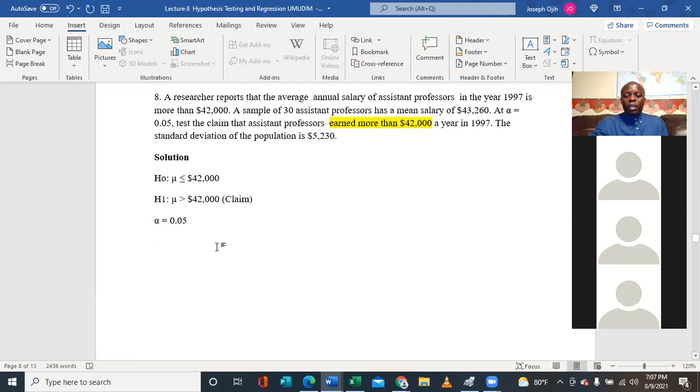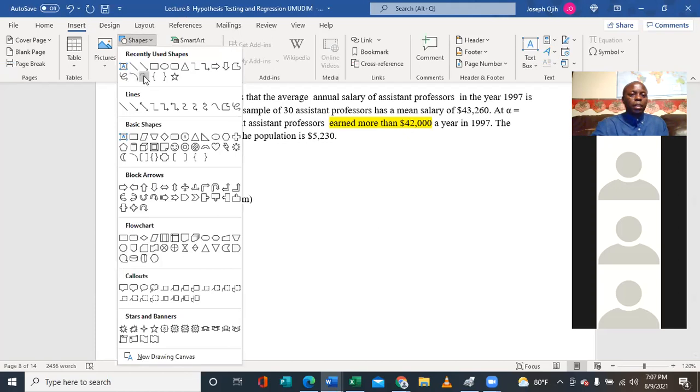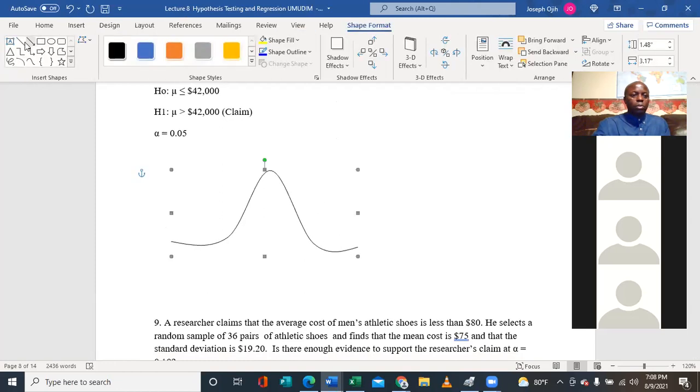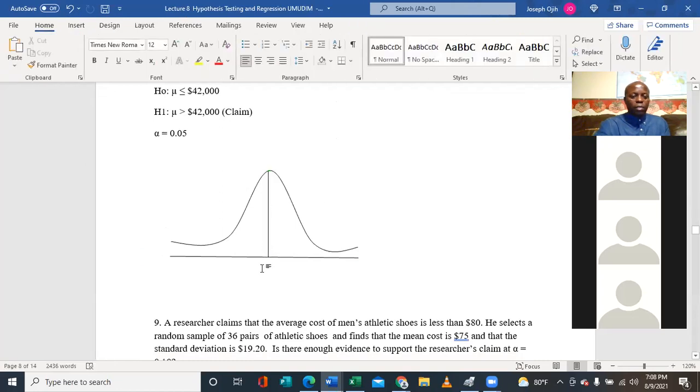If you draw the chart, it might look like this. I will have our center line, the mean for the standard, which is 0.